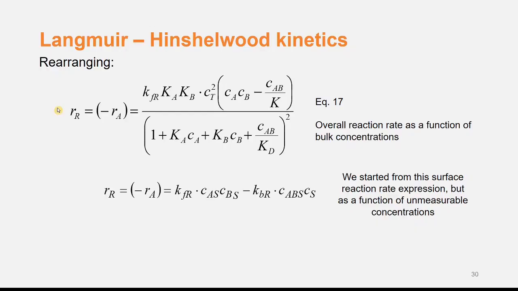Again, this is the final form of the rate expression for Langmuir-Hinshelwood mechanism. So now all of the equilibrium constants and concentrations are measurable quantities. We spent some effort deriving it, but it is worth it because we need the rate expression to design our reactor.